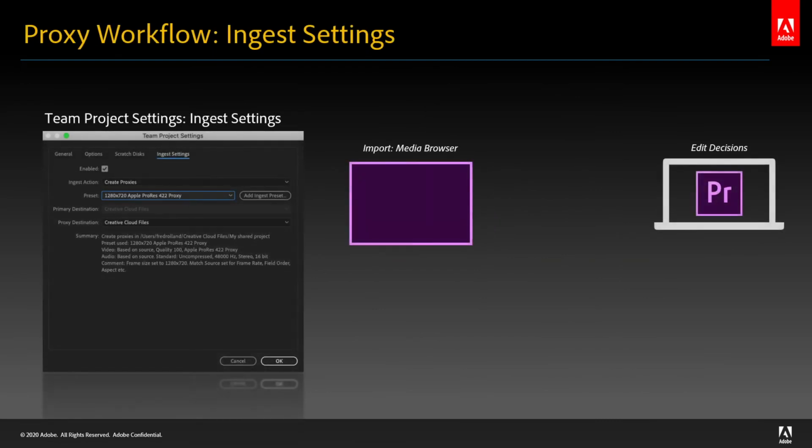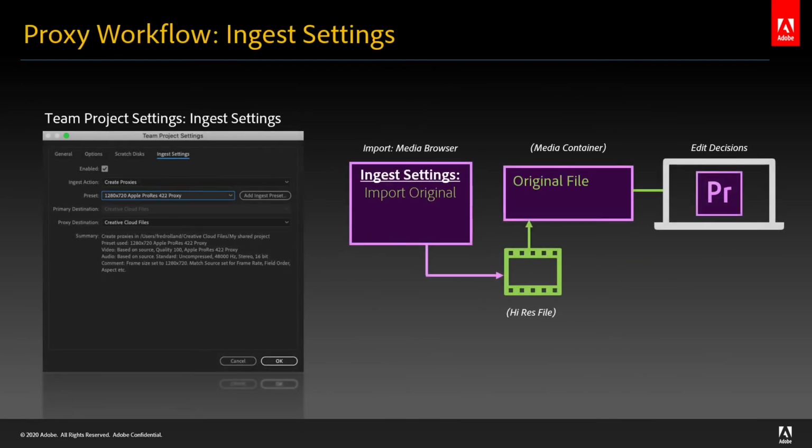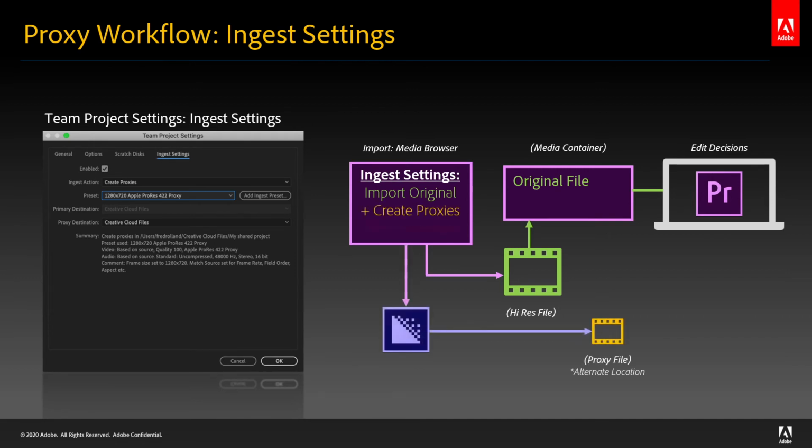Proxy workflows can be managed in 3 ways. One approach is to use an ingest settings preference, where the user imports a source file to edit, while a triggered process is sent to Media Encoder to create and attach the proxy in the background. Keep in mind that the media container can hold 2 sets of clip metadata, the green original file properties and orange proxy file properties.